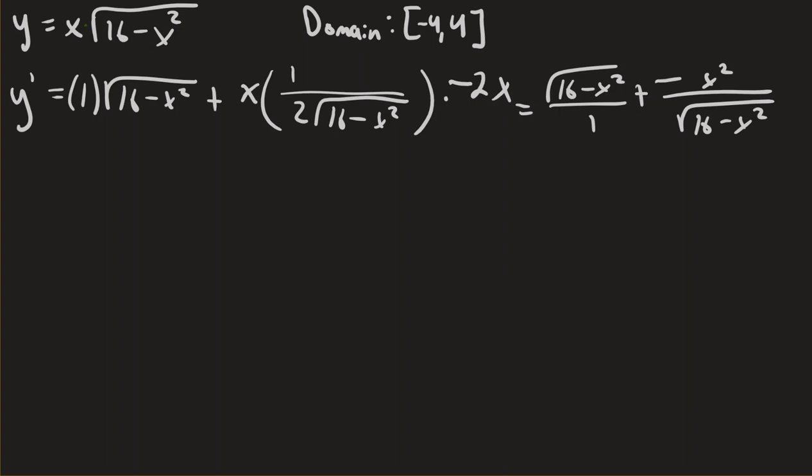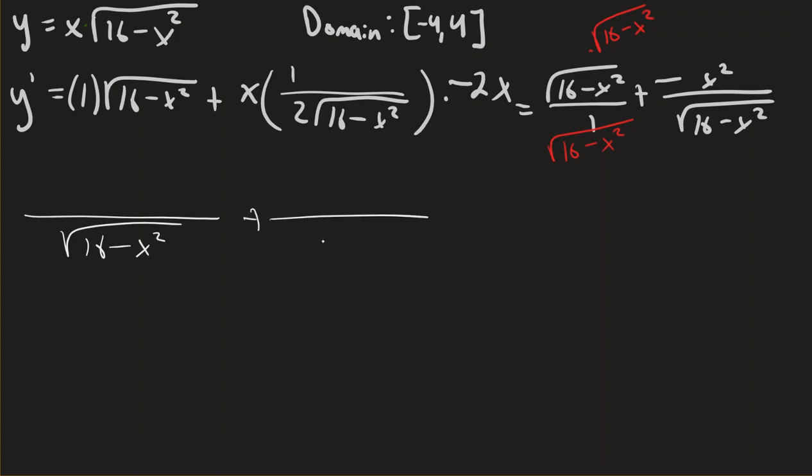And I'm going to assume they want us to get a common denominator. So between 1 and the square root of 16 minus x squared, I would need to multiply this denominator by the square root of 16 minus x squared, and multiply the numerator by the square root of 16 minus x squared. That way the left denominator is the square root of 16 minus x squared, and the right denominator is the square root of 16 minus x squared.